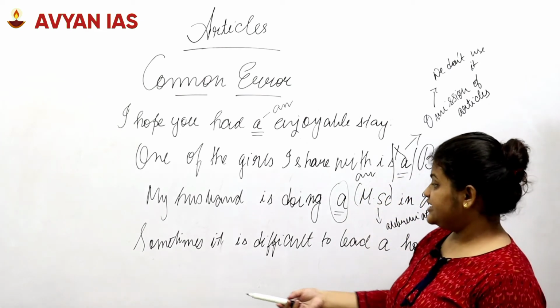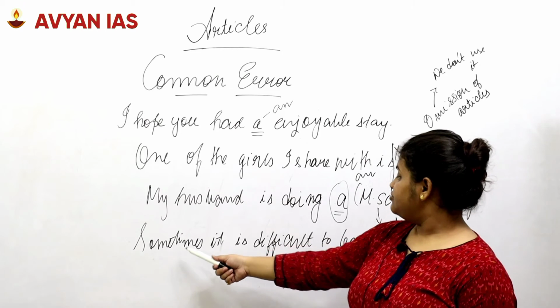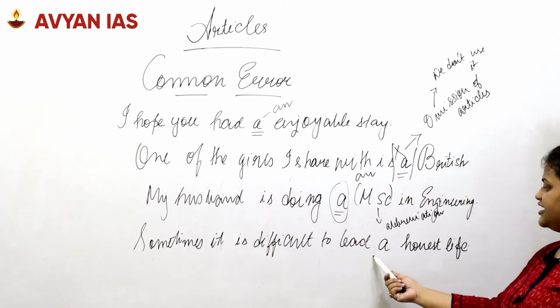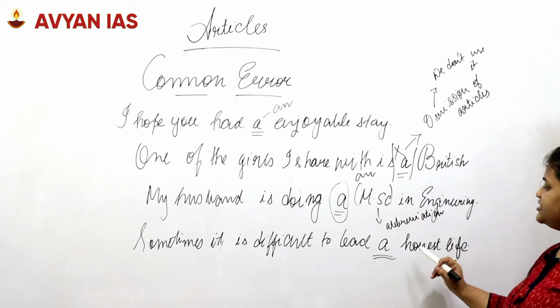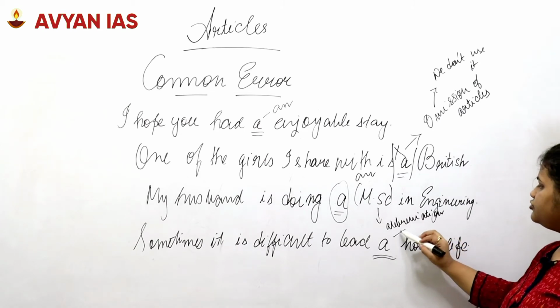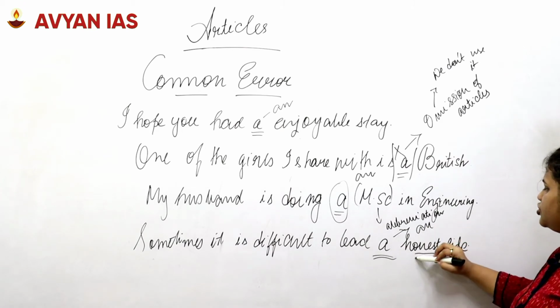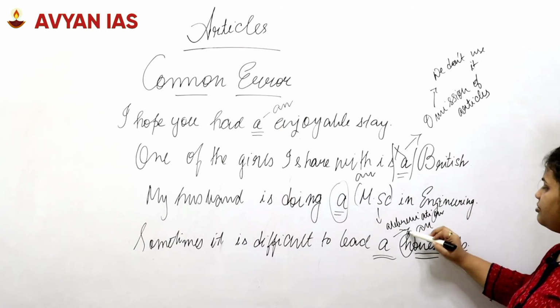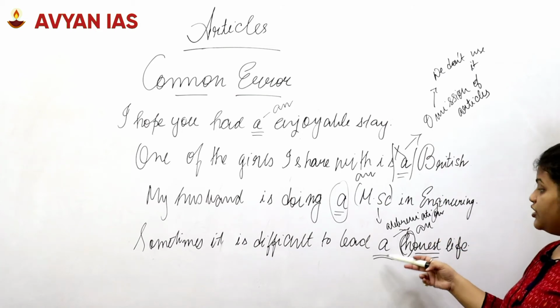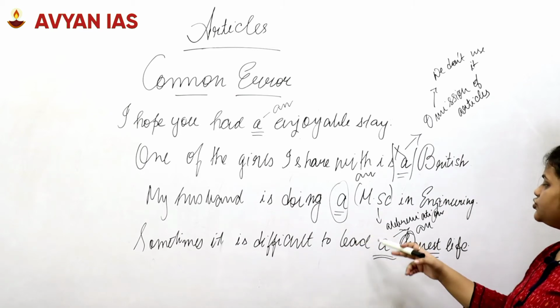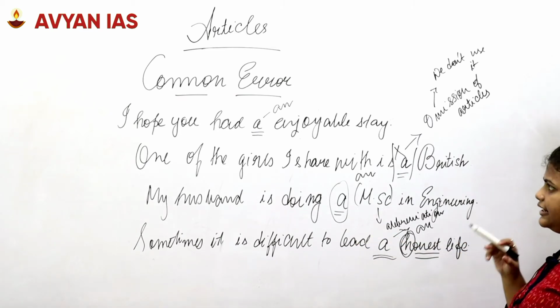And the last sentence that we have here is, sometimes it is difficult to lead a honest life. As I have said, honest, just like hour, is pronounced with the word beginning with O. This H remains silent. Hence, we are not using a, we will be using an. It is difficult to lead an honest life.